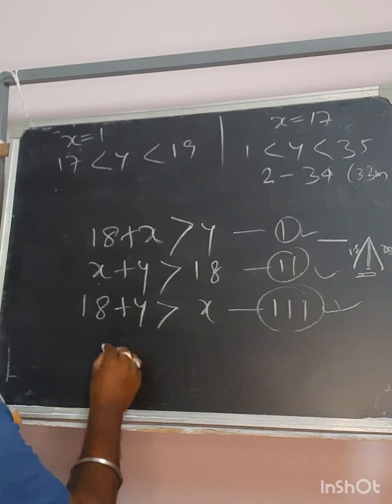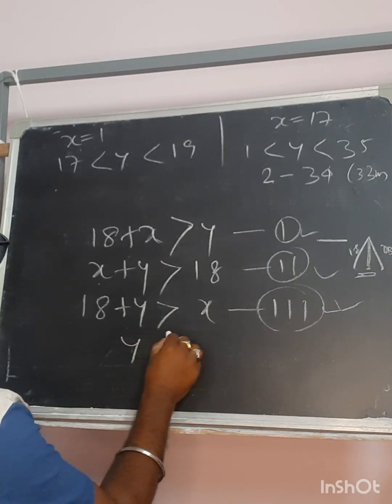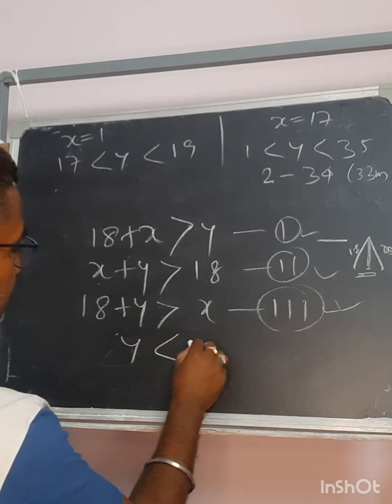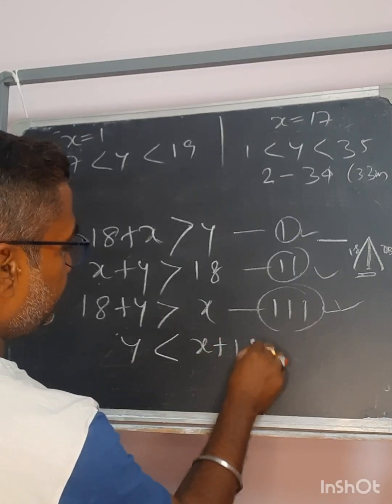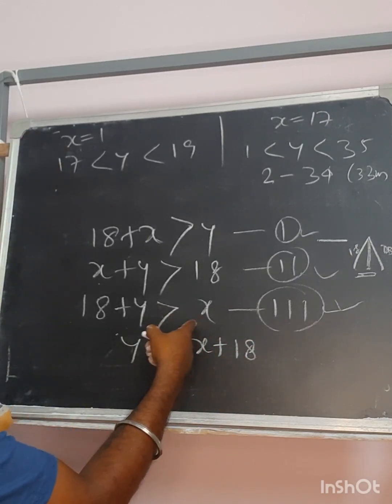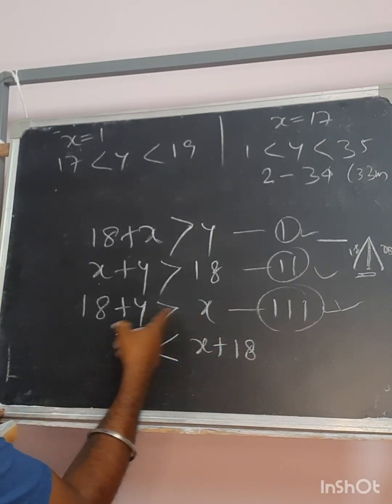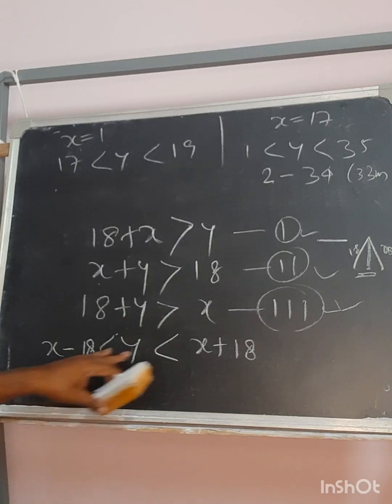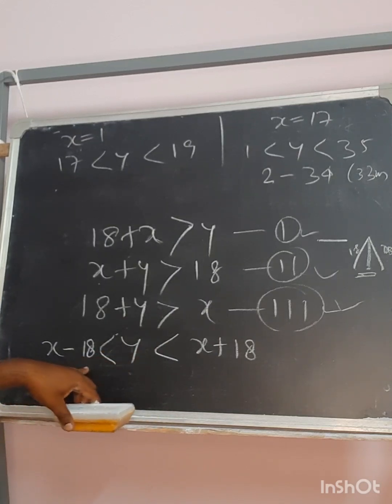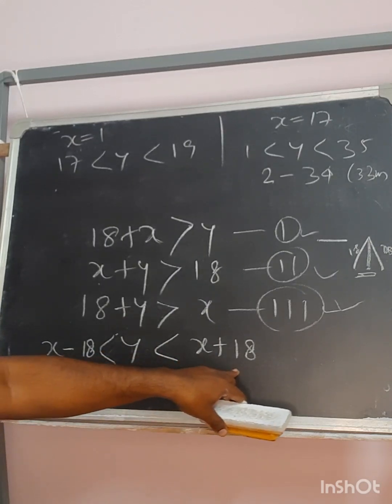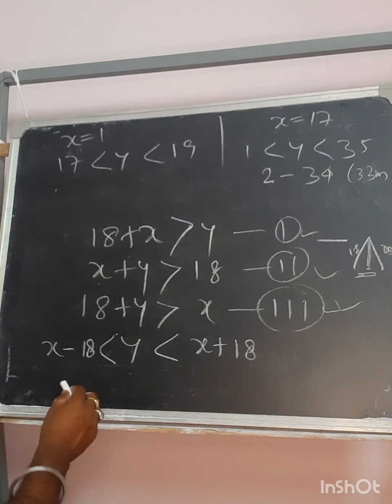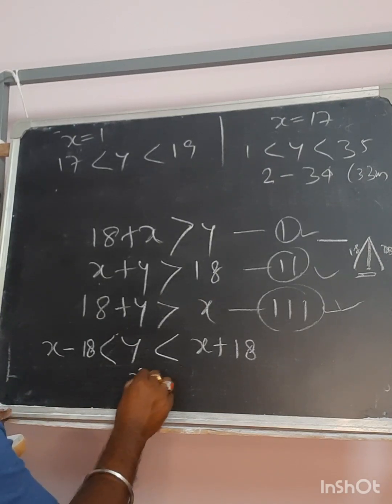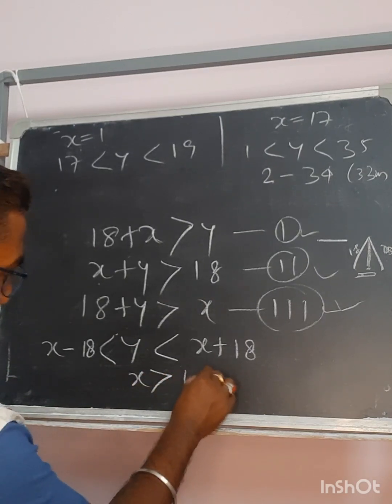From here y is less than x plus 18, and if I take the other, y is greater than x minus 18. Within this range, x must be greater than 18.